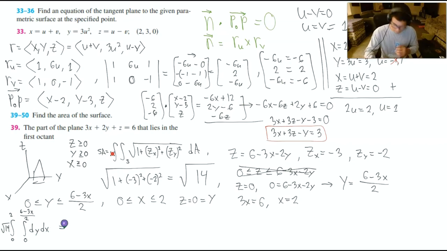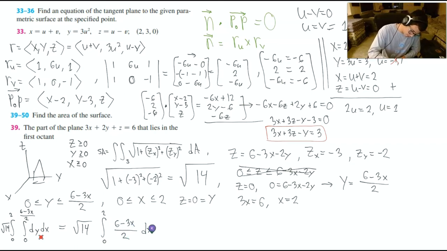But of course you guys want me to actually do this integral for you. So square root 14, from 2 to 0. And then the first integral, it's actually just going to be 6 minus 3x over 2. Okay, and then we could do a little bit more with this, right? We don't need to factor or anything.